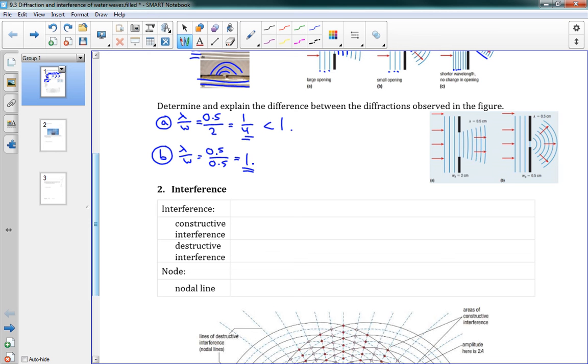So we can say for A, therefore no diffraction occurs. Oops, I think I've lost my pen here. Give me 1 second. No diffraction occurs. Here we go. And in this next one, for part B, we can say, therefore, diffraction occurs.